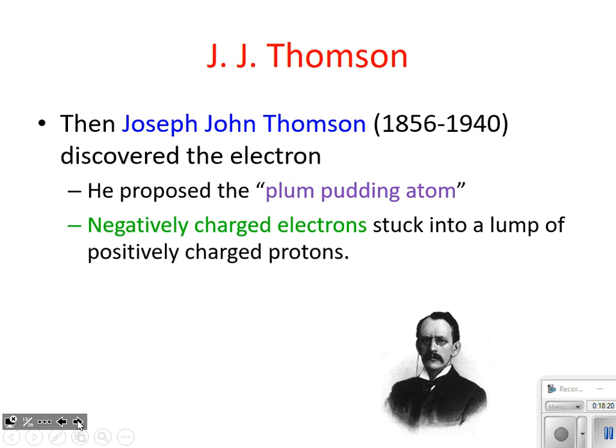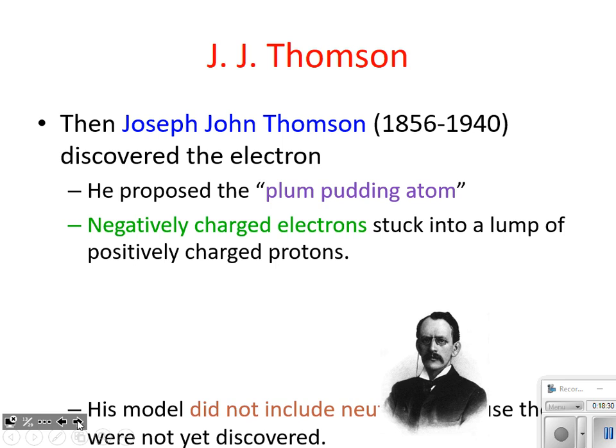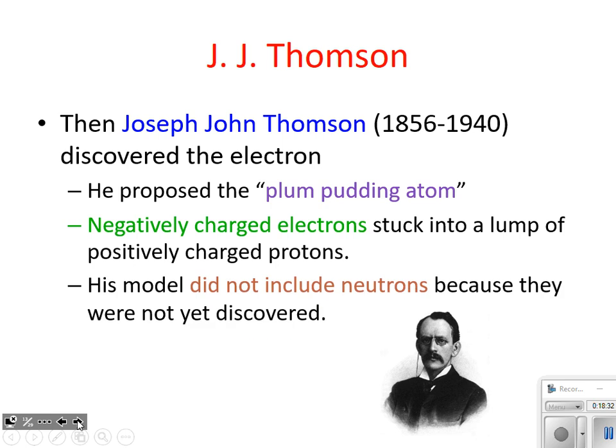So these negatively charged electrons were clumped into these positively charged protons. Thomson's model did not include neutrons because they were not yet discovered. We did not know about neutrons yet. So his plum pudding atom just dealt with protons and electrons.